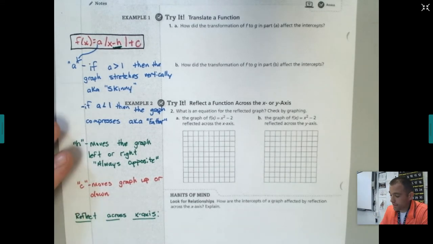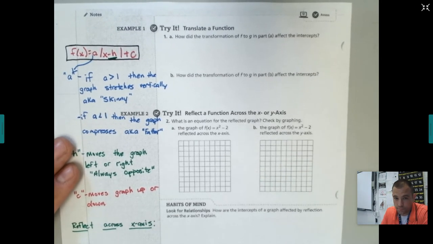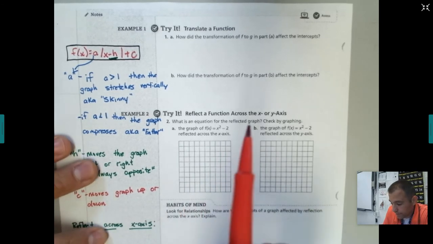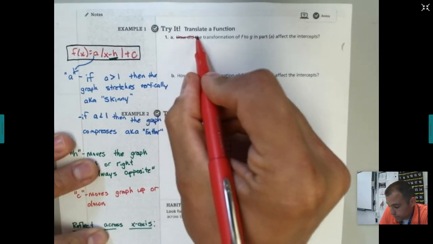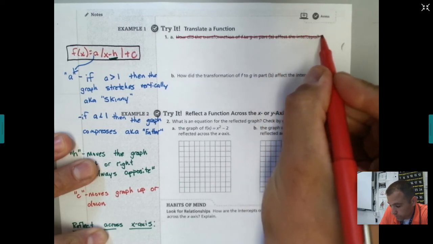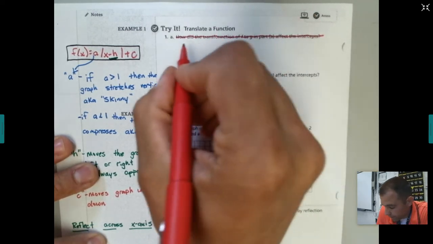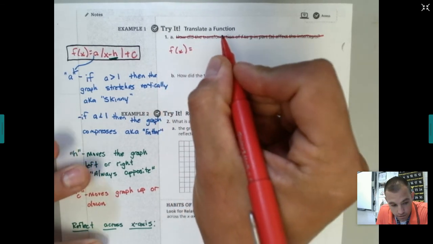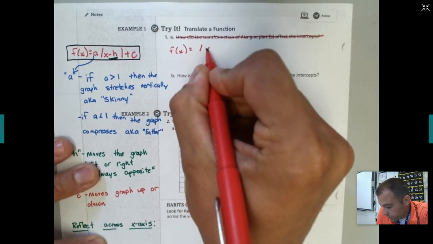Let's look at this first example, example 1. We're going to do a different sort of problem here, and we're not necessarily going to worry about exactly what this says. We're going to change this question around to make a little more sense. Let's say we had a graph f of x, which is the same thing as y, equals the absolute value of x.